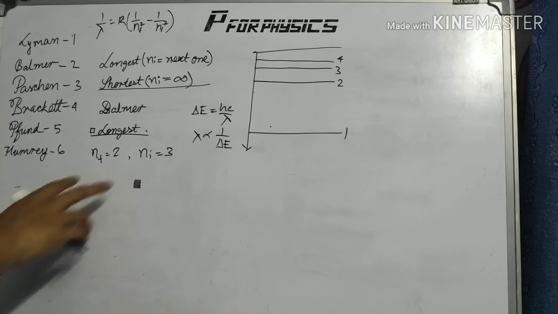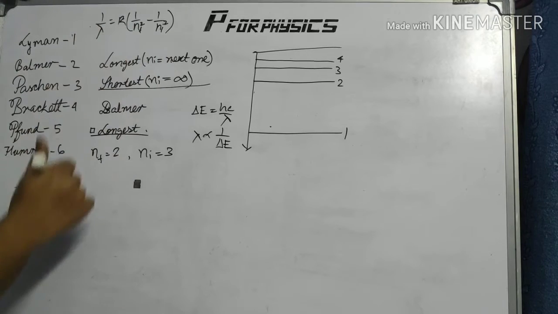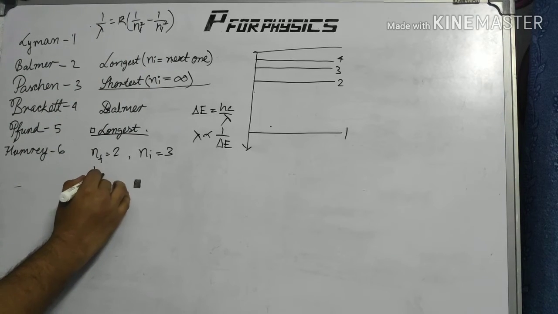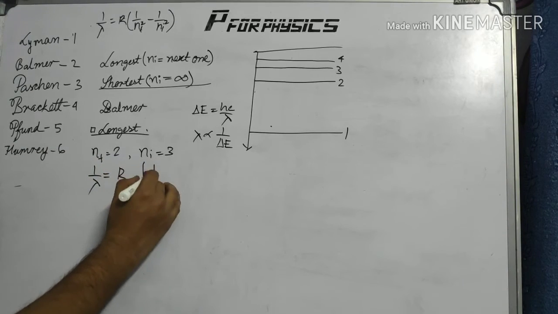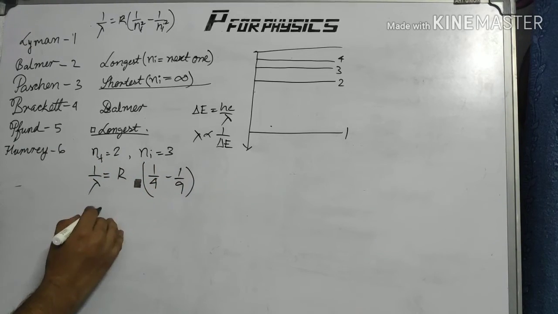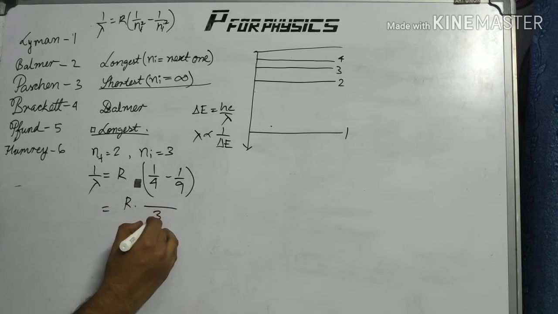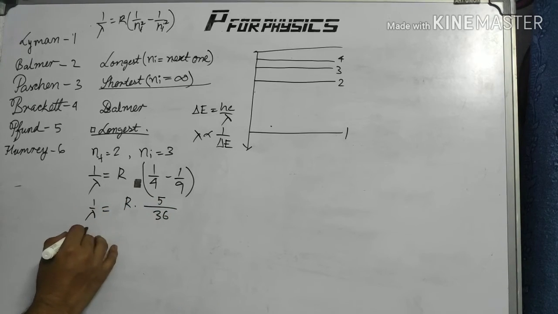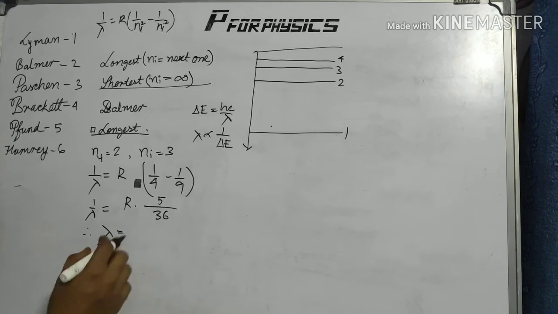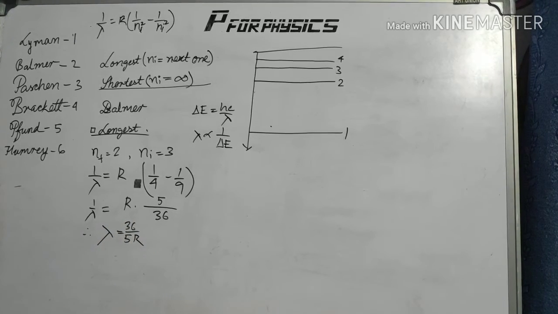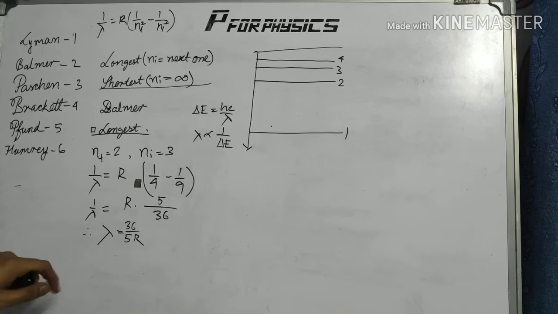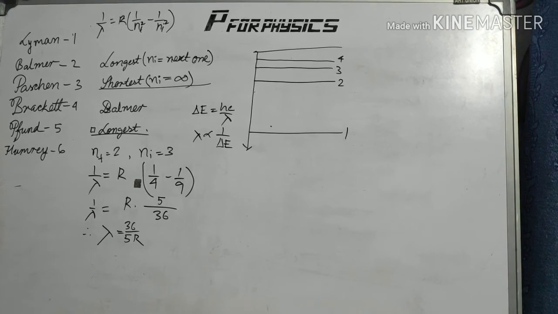Now simply put these values in the main equation and we'll have 1 by lambda equals R times 1 by 4 minus 1 by 9. So now you can simply put the values in the calculator and get the exact value of lambda.